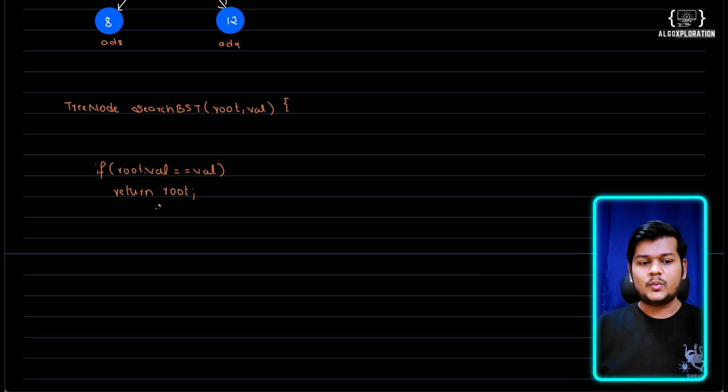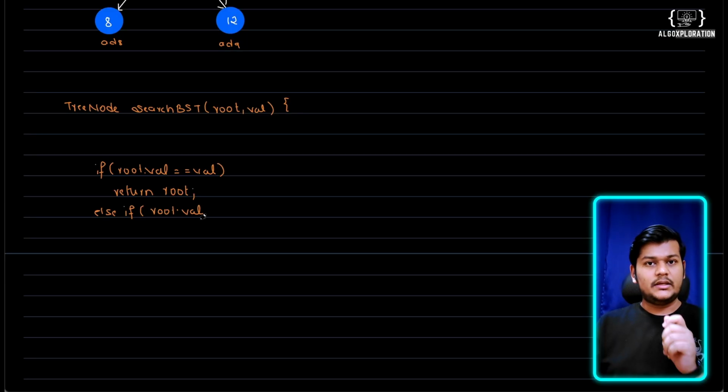Now if they are not equal, then over here I will have an else if: if the root dot val is greater than the value that we need to search, then obviously we need to go on the left hand side.